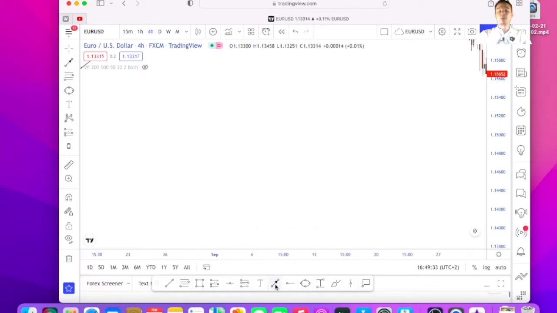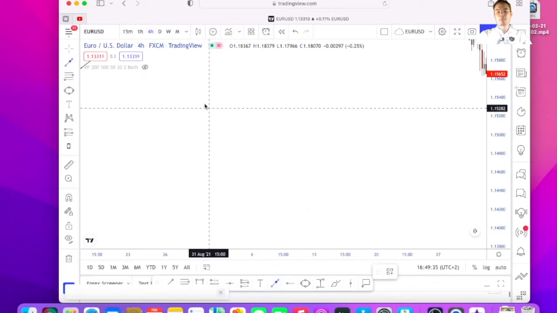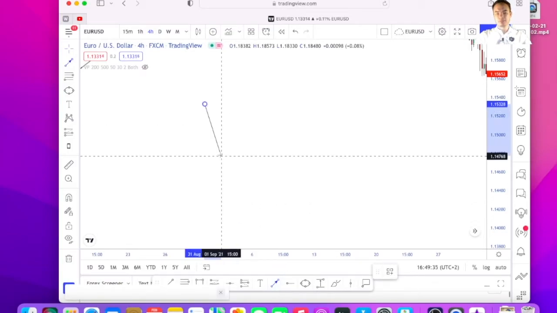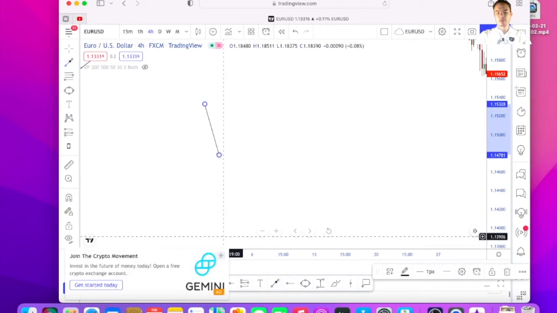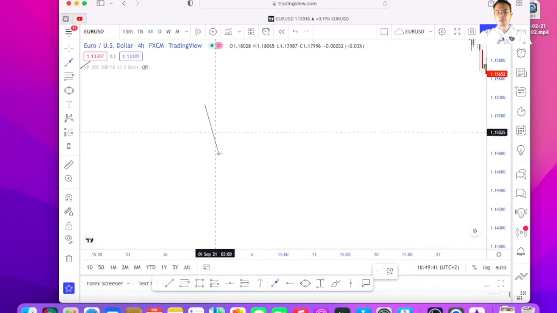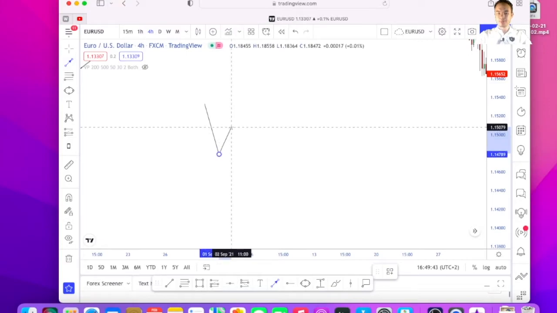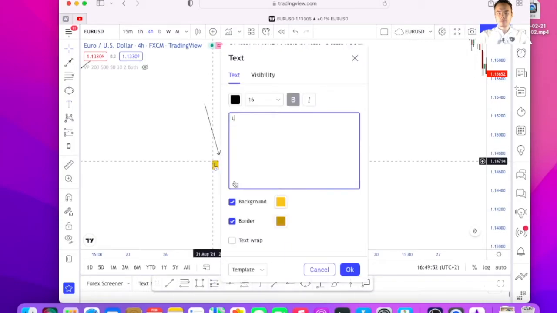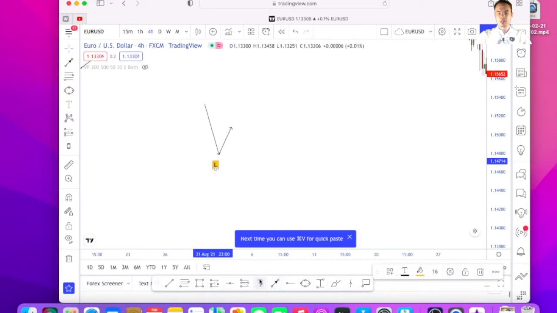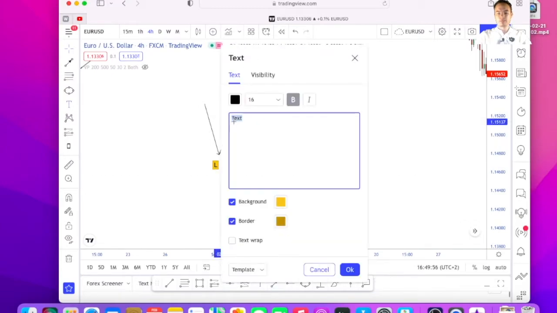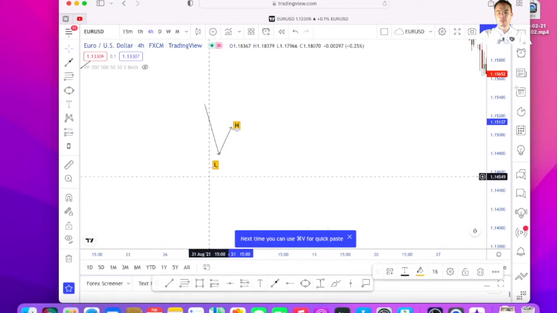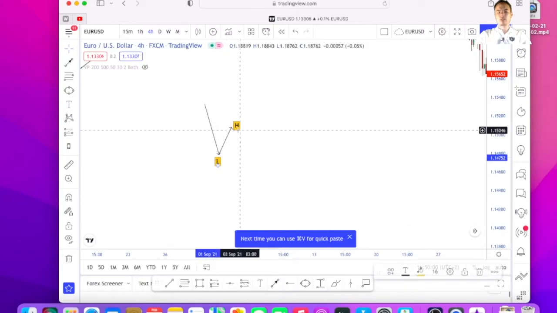All right, with a downtrend, price makes a low, then price will make a high. So I'm just going to name it a low and a high, just to indicate that it's the start of the new trend.